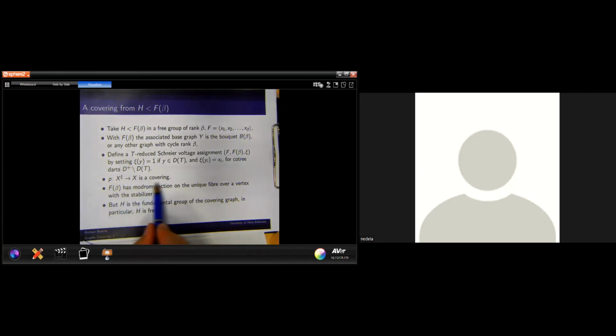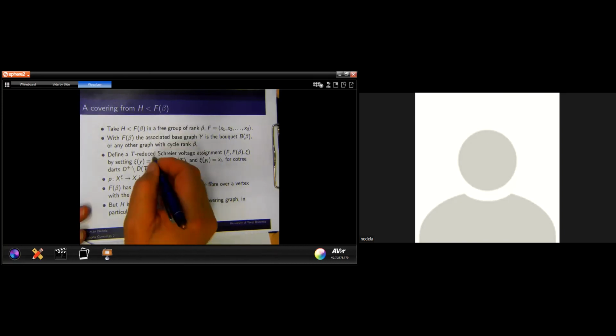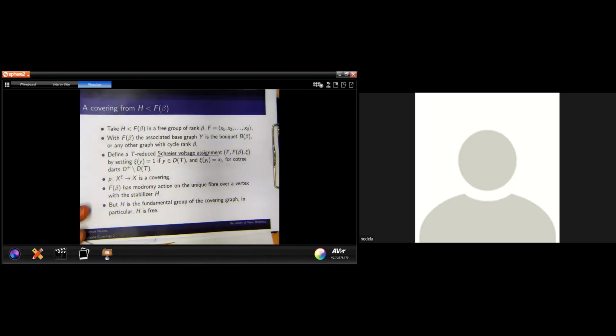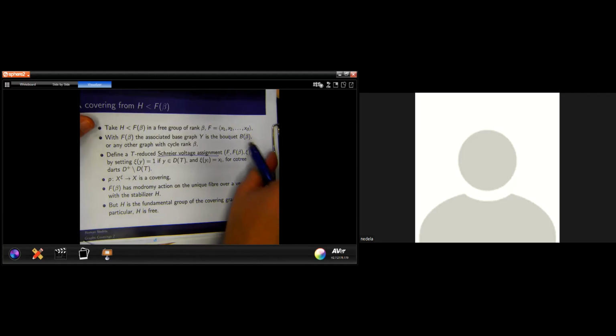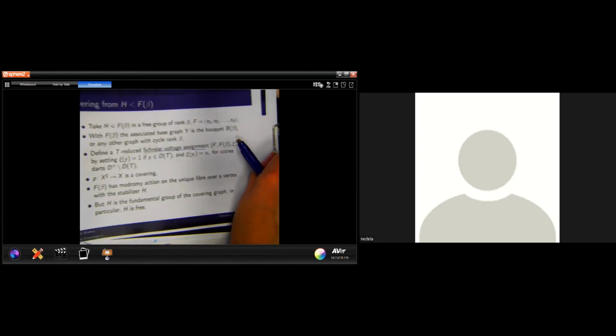And by what we have done, there exists a covering, and F beta has a monodromy action on the unique fiber over a vertex with the stabilizer H, but H is the fundamental group of the covering graph. In particular, H is free, so this is the other direction. So using Schreier voltage assignments, one can prove the constructive part.